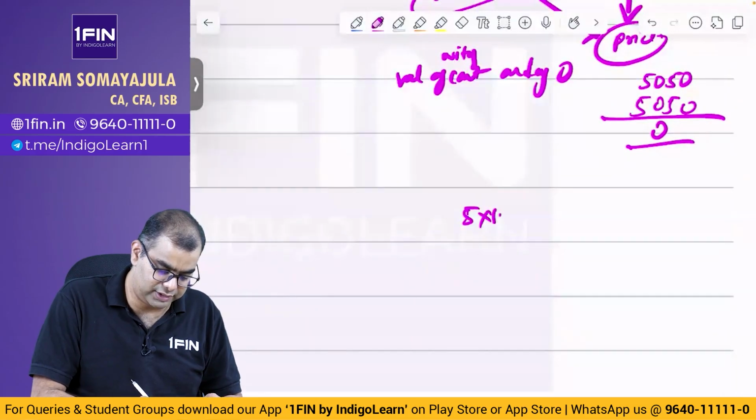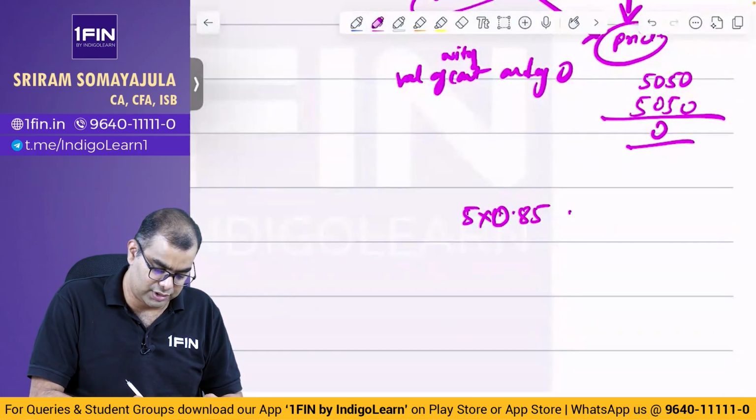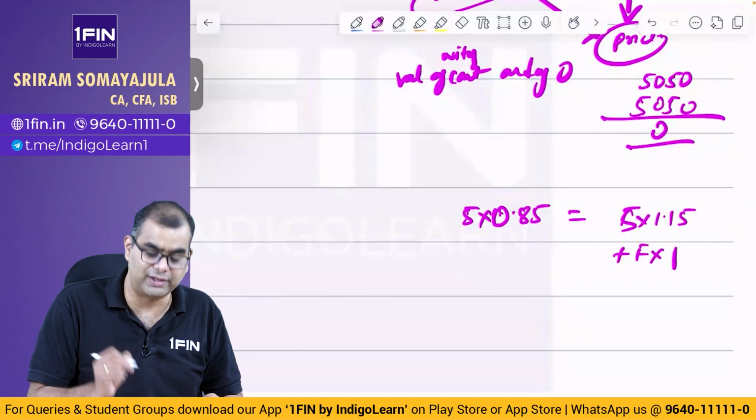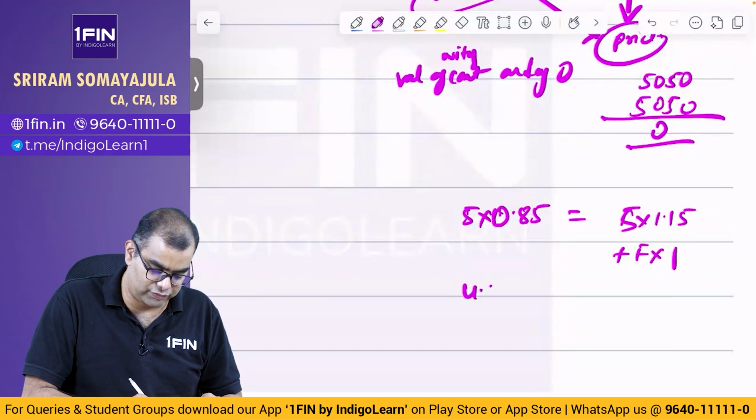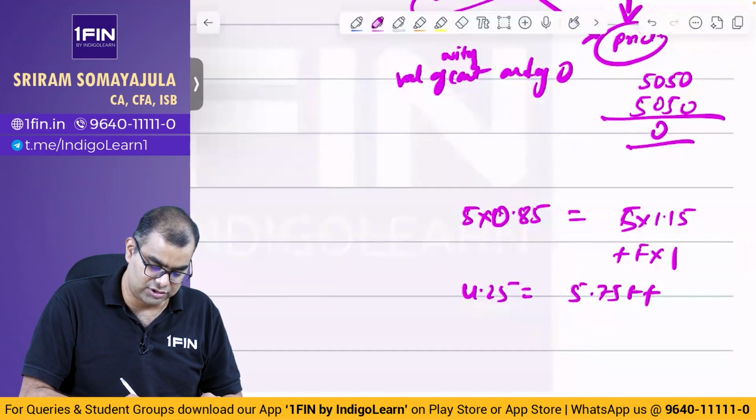5 into 0.85 is equal to 5 into 1.15 plus F into 1. So 5 into 0.85 is 4.25. 4.25 is equal to 5.75 plus F. So F is equal to minus 1.5.